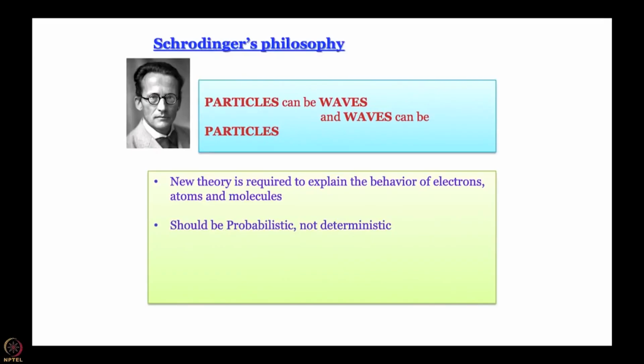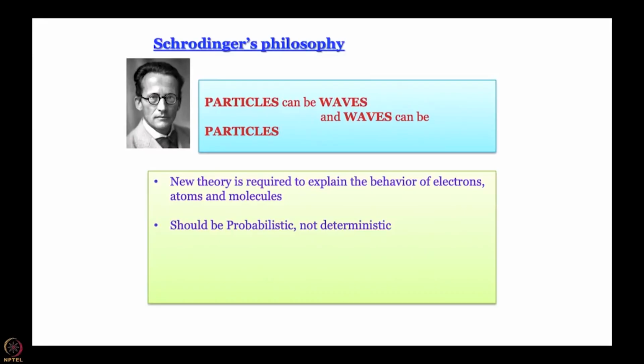Also, since we are handling things that are waves as well as particles, a deterministic theory is not going to work. Too much determinism was the reason for the downfall of Bohr theory, remember.